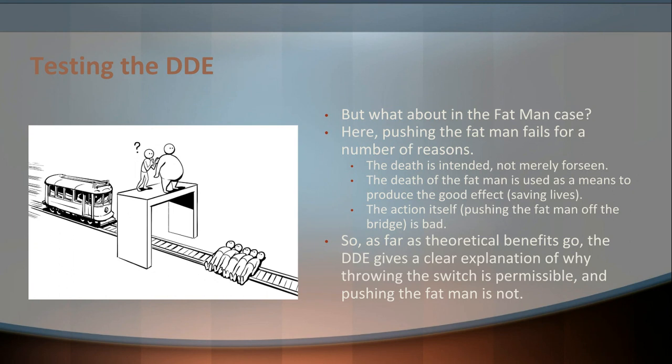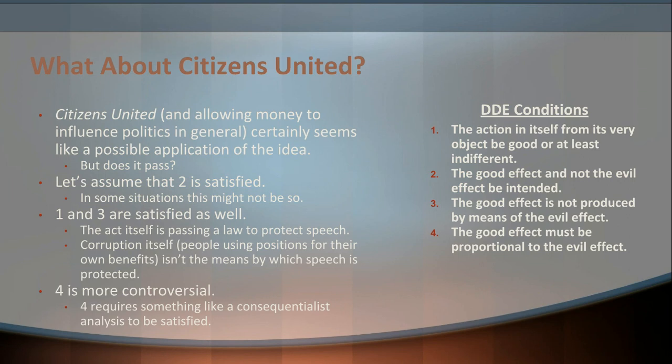And interestingly enough, these are probably some of the same conditions that you guys would have cited as being reasons why you didn't think that pushing the Fat Man was the right thing to do. These are the same sorts of things that most people come up with when they cite pushing the Fat Man as being something morally wrong. So it's intuitive. It's got a lot of appeal to it. And so it's got a lot of positives to it as far as moral theories and explanations go.